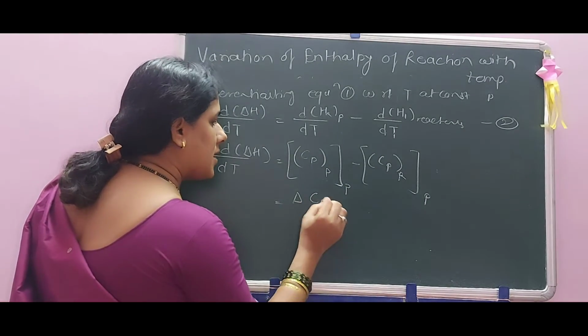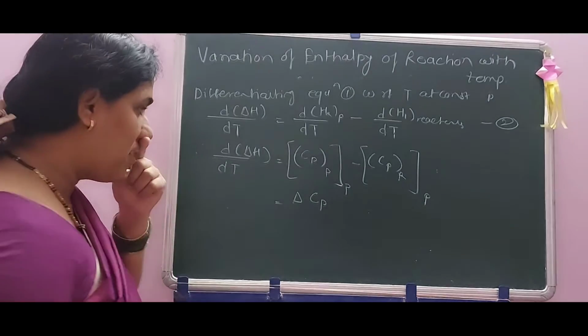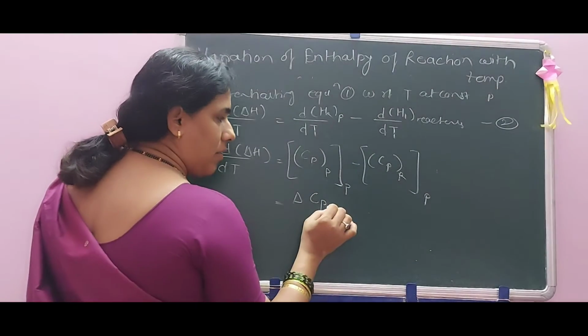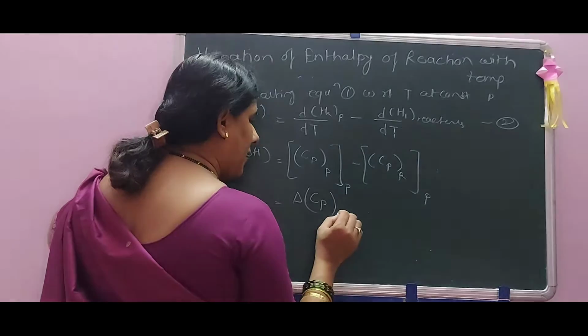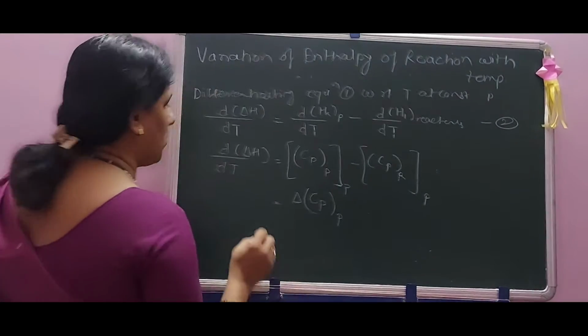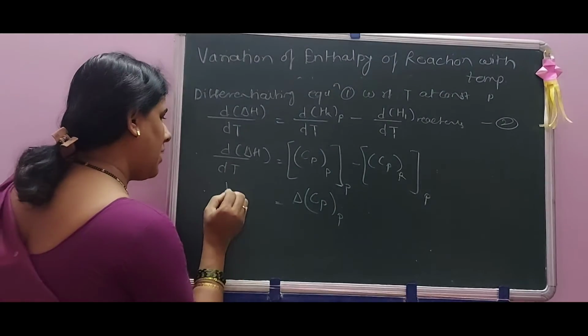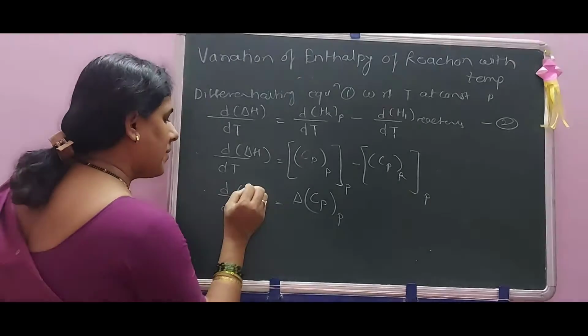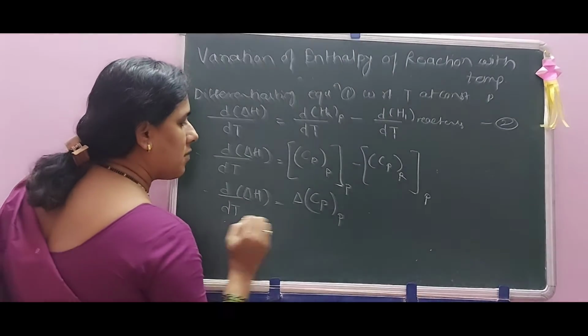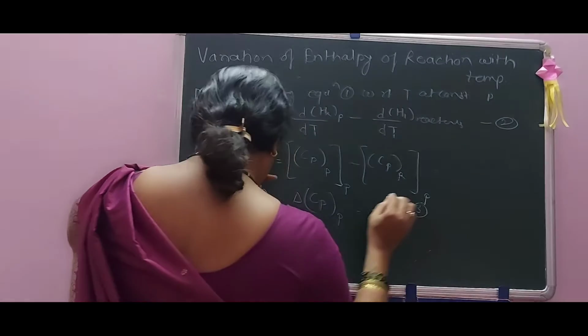Delta Cp, okay, got it? Now delta Cp is equal to Cp at constant P. Therefore d by dT of delta H is equal to this equation, equation number 3.